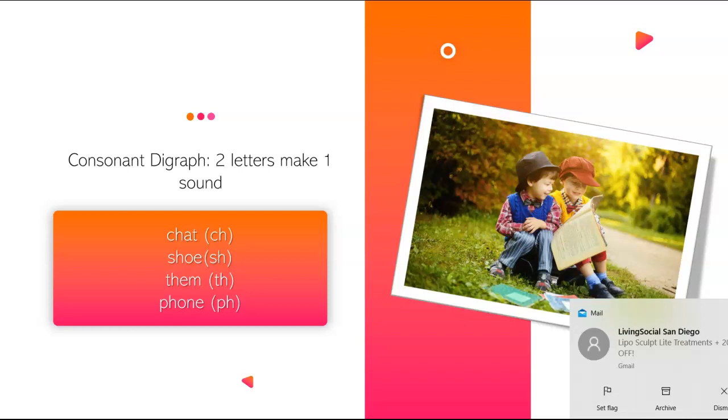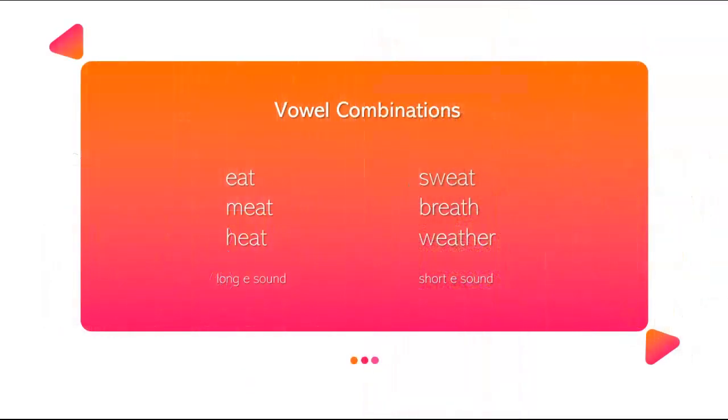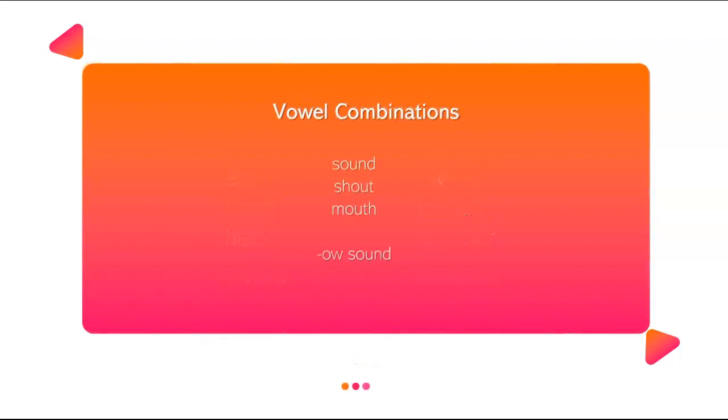We also teach different vowel patterns and their sounds. For instance, we have the EA vowel pattern, which has a long E sound in words like eat, meet, or heat. But it can also have a short E sound, like sweat, or breath, or weather. Another example is the O and U together.